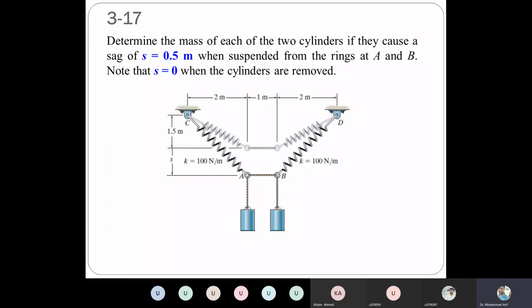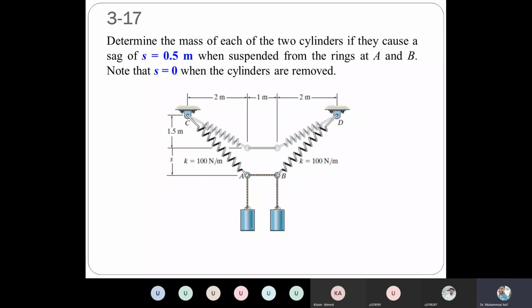Then let's try to solve another one. This is an example of spring, problem 3.17. Determine the mass of each of the two cylinders.